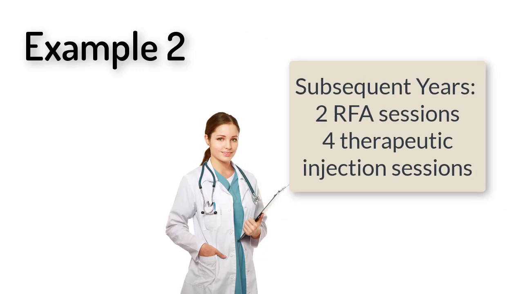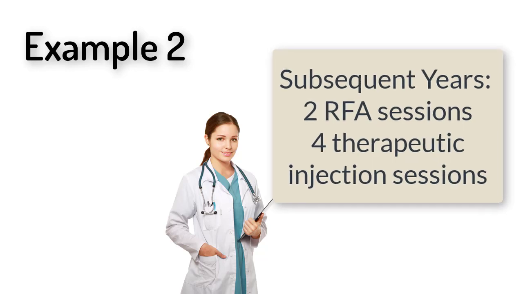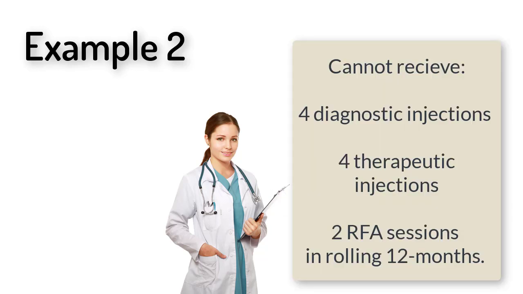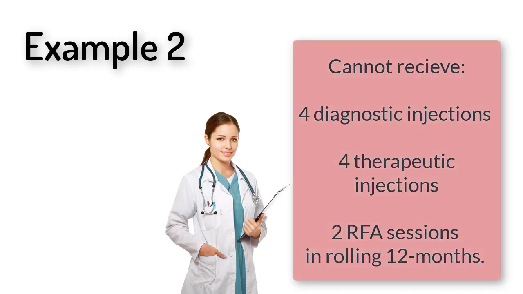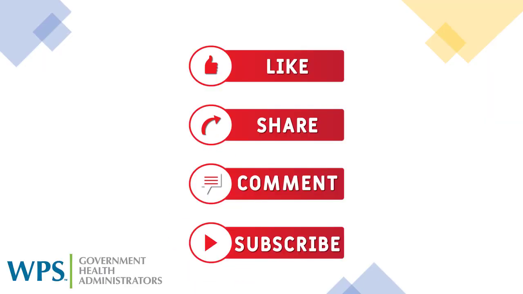In subsequent years, assuming the medical criteria for continued injections continues to be met, Medicare limits the patients to 2 sessions for RFAs or 4 sessions for therapeutic injection. Please note that the patient cannot receive 4 diagnostic injections, 4 therapeutic injections, and 2 RFAs in a rolling 12-month period. This concludes this video on facet joint injections.